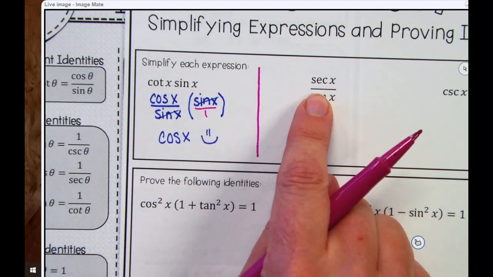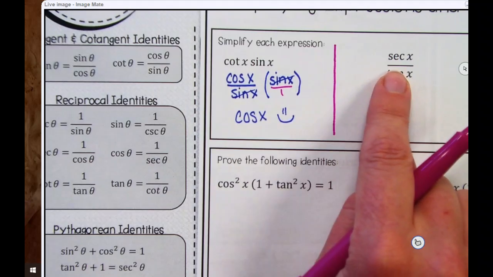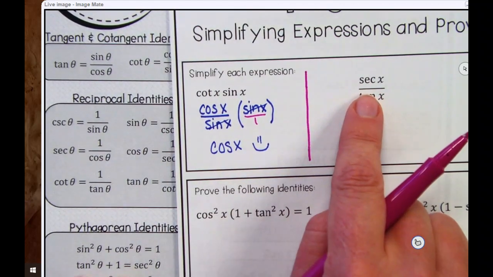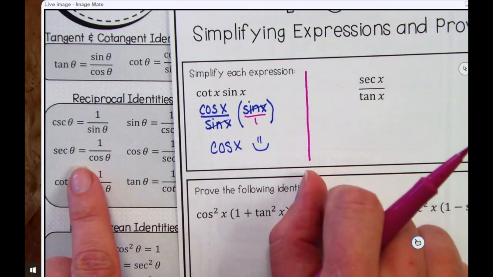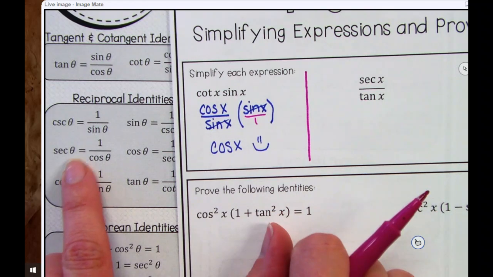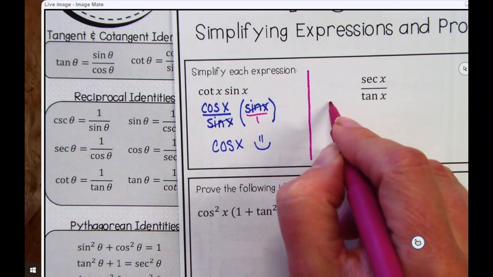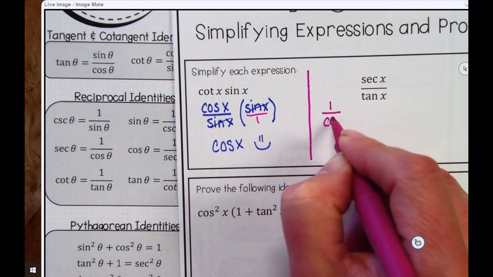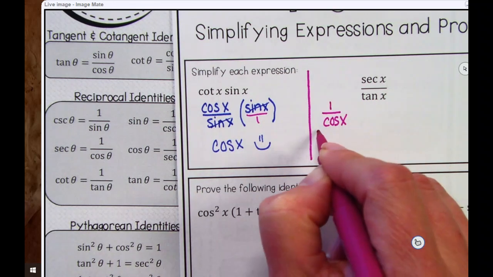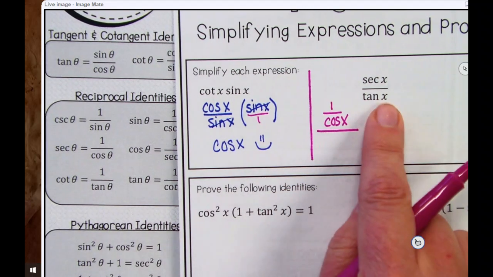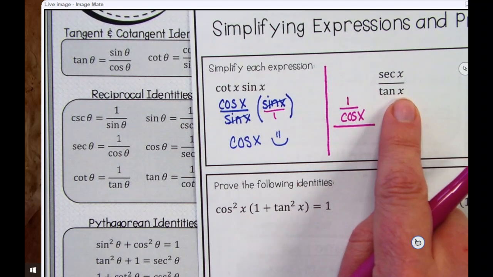Secant. What does secant equal? Secant is 1 over cosine. All right. 1 over cosine over, what does tangent equal?